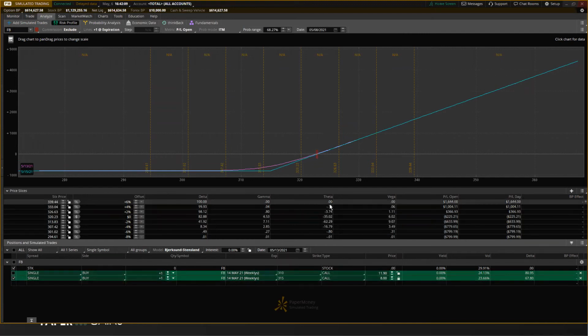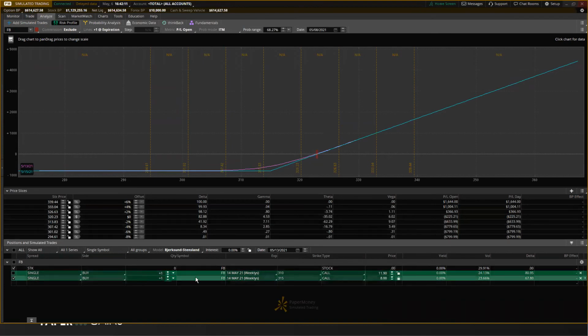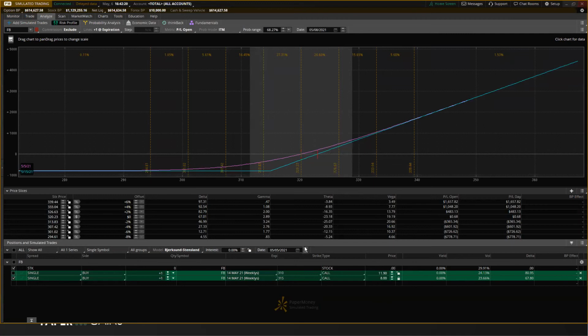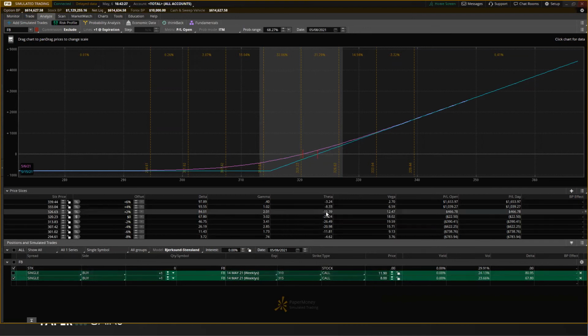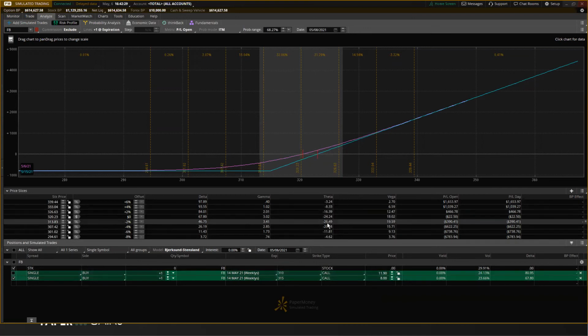So why is this happening? Well, this is all the Greeks, right? So look at this theta. This 315 has a negative theta. I have to pay 60 bucks a day, and it changes, right? So this is today. Today, if you were to buy this 315 call, you're going to pay 20 bucks a day just to own it. That's crazy, right?